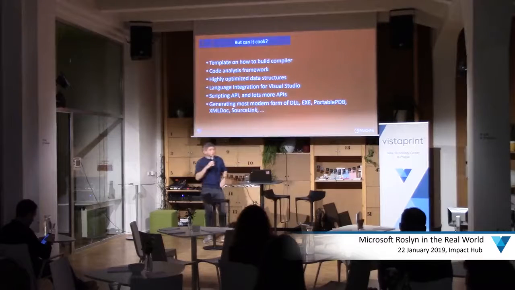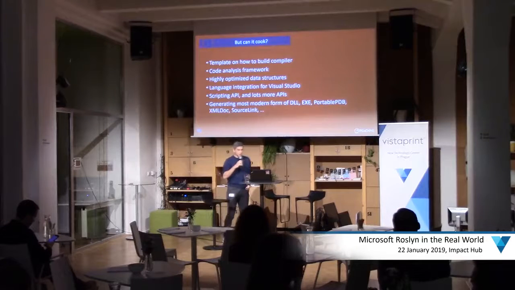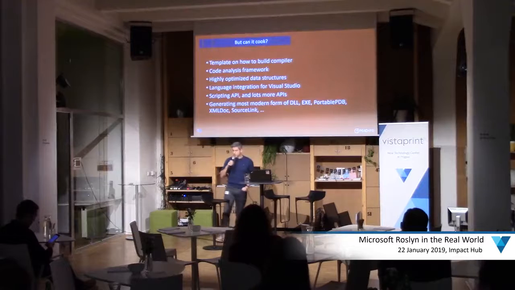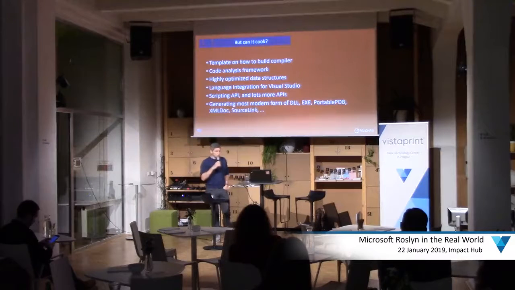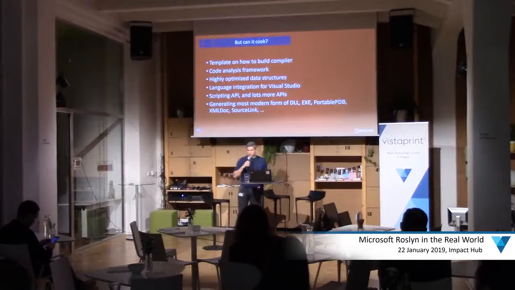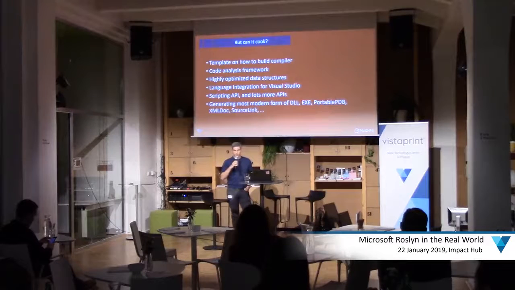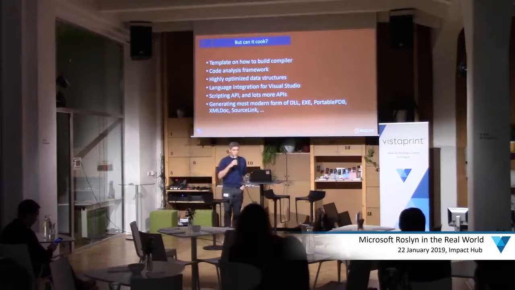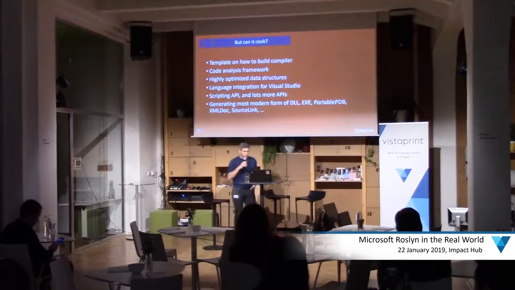Second, like one of the reasons why Roslyn came out is some analysis framework. So everything what runs on Roslyn, like C# language, can be analyzed using Roslyn. So there's a company called, for example, ReSharper. A lot of people know ReSharper because it started as an analysis framework for the C# language.